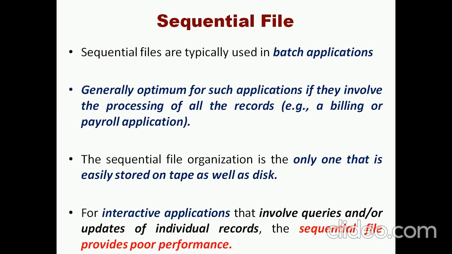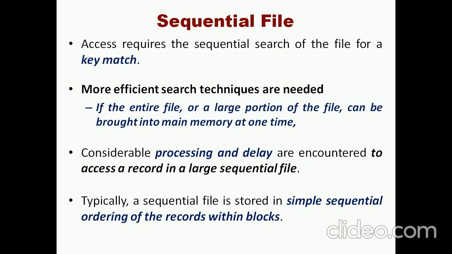But in interactive applications, the sequential file gives poor performance because it involves queries and responses. When we issue a query, it has to search the entire record, so access can be done only with the help of key matches.